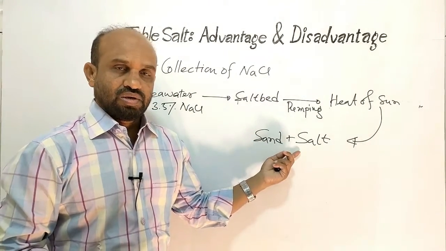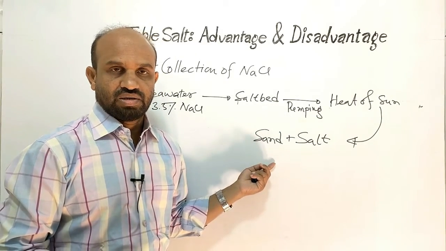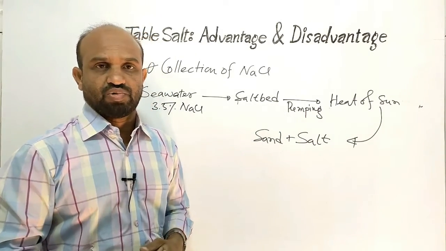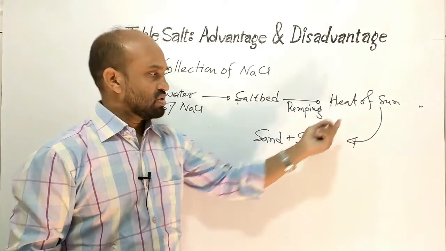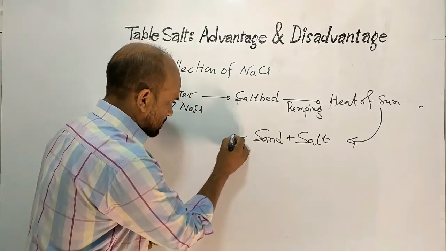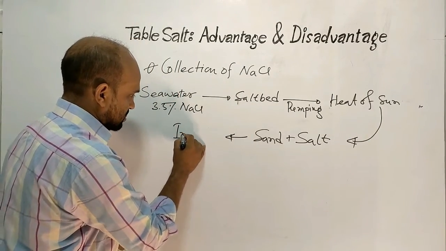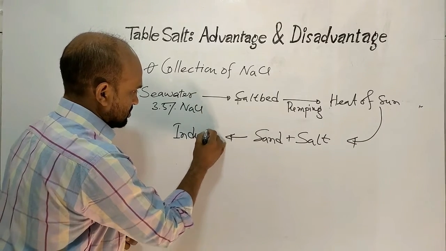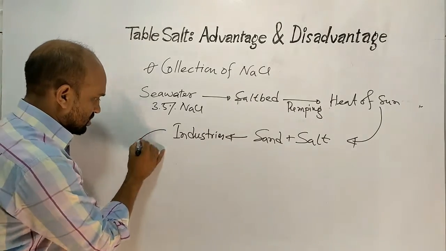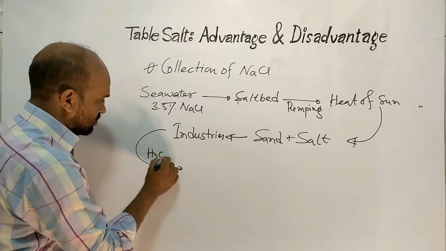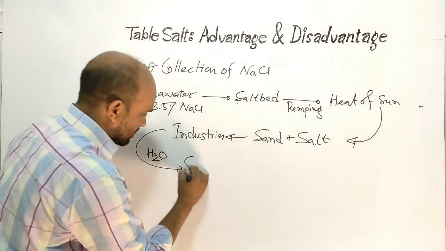So now we got salt with sand after the evaporation of water with the help of the heat of the sun. Now this mixture is taken to factory or industries where this mixture is mixed with water to make a solution.